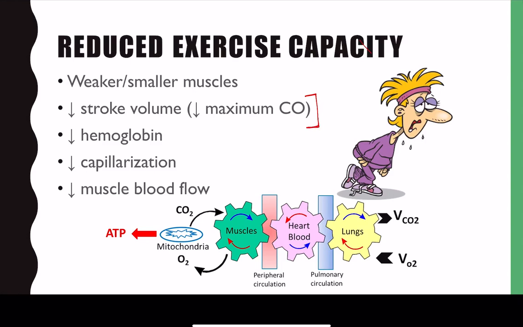And along the way, in those submax ranges, the cardiac output is being maintained with heart rate, which is a greater load on the heart. Reduced hemoglobin, reduced capillarization, and reduced skeletal muscle blood flow is all going to come together to make us worse at taking in and using oxygen, which will lower exercise capacity.